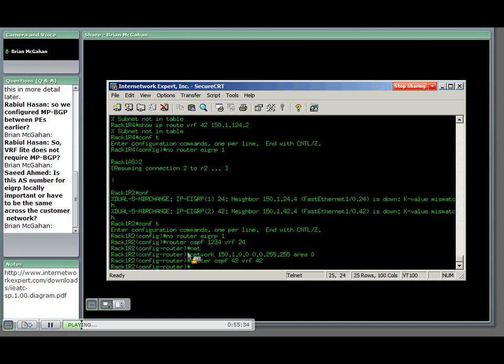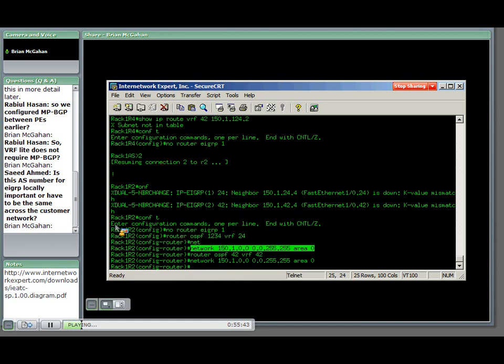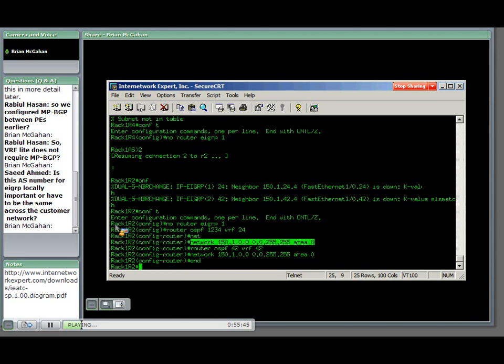Okay, then we'll have a separate instance for VRF 42 that has the same network statement. Those interfaces in the VRF are going to be in area 0.